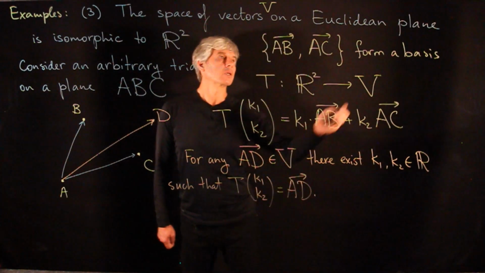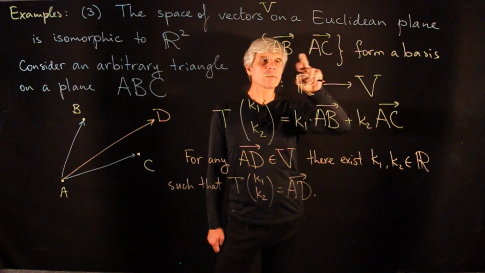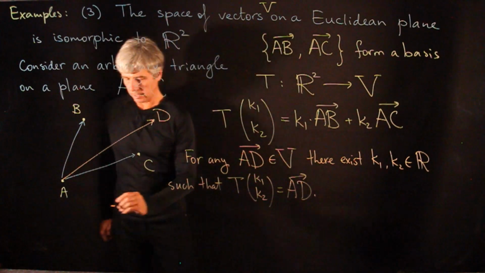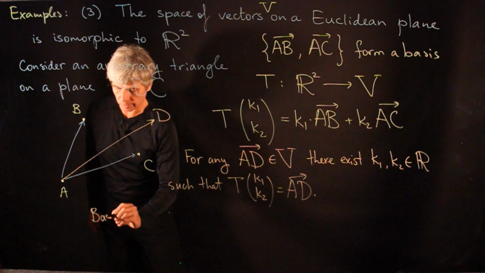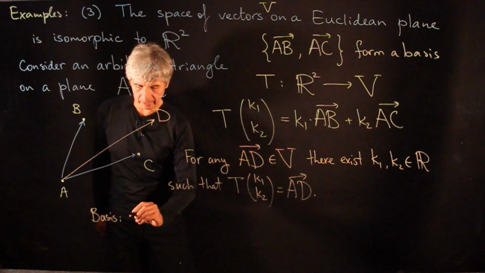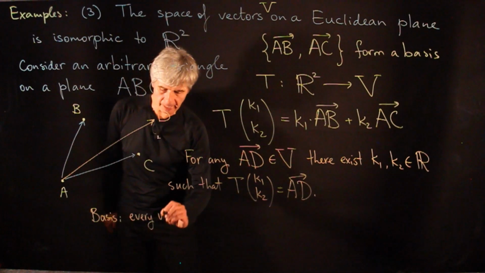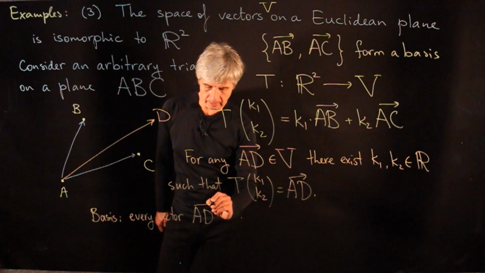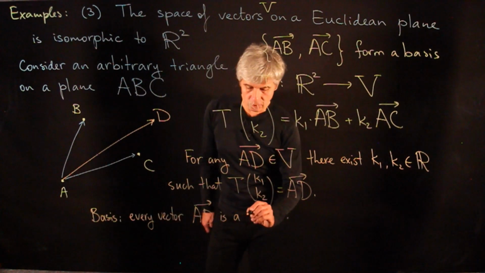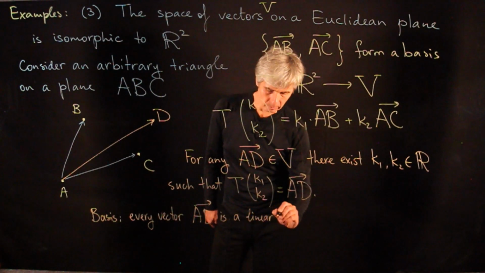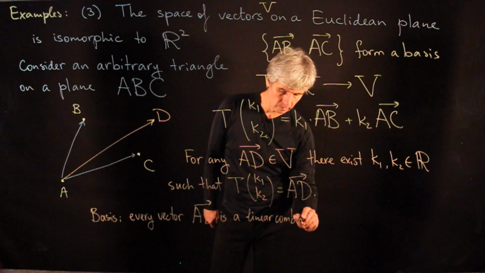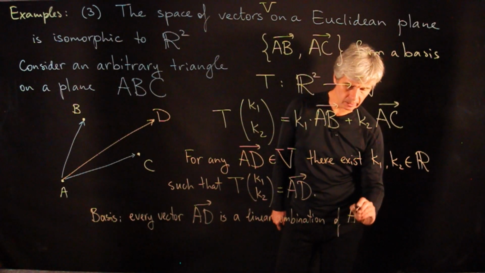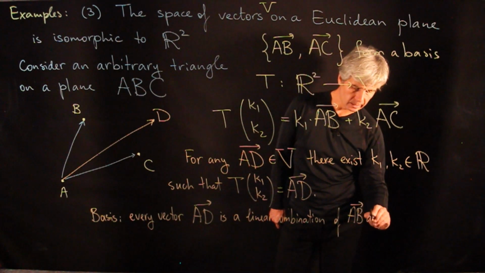But we know that our vectors AB and AC form a basis. And one of the properties of a basis is that every vector AD is a linear combination of our basis vectors AB and AC.